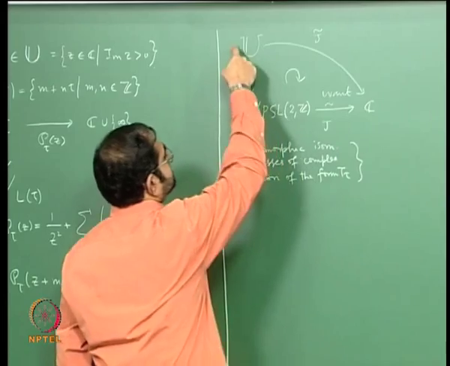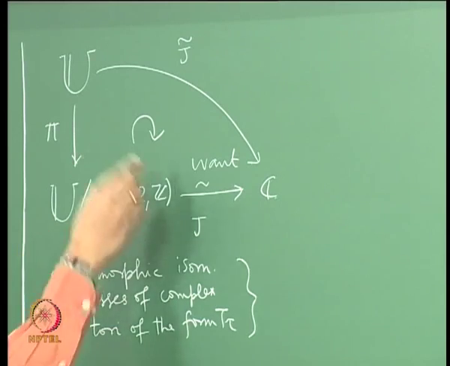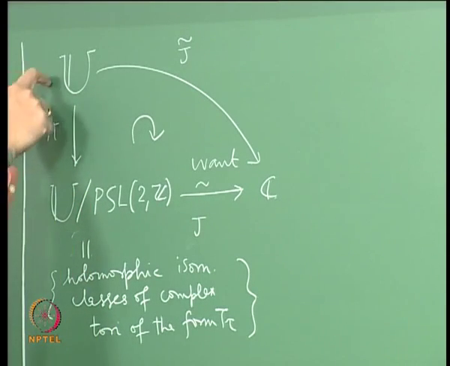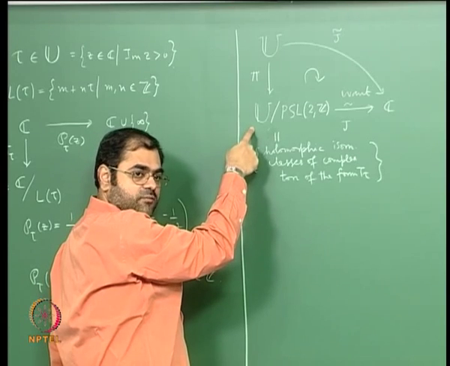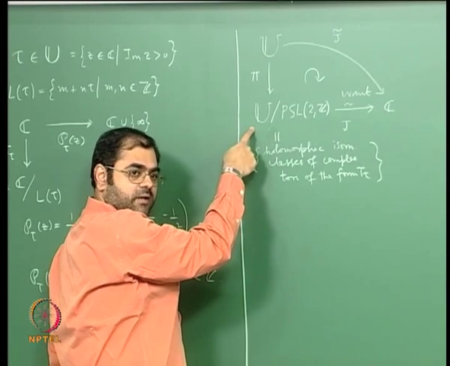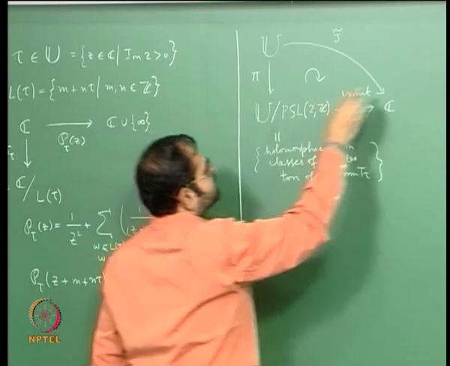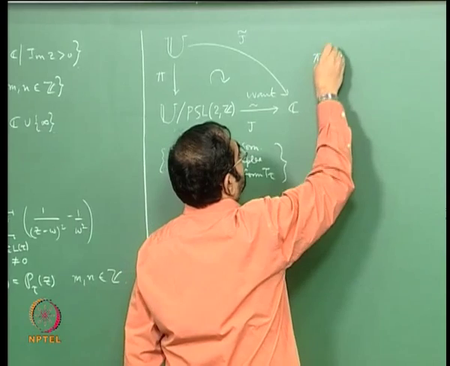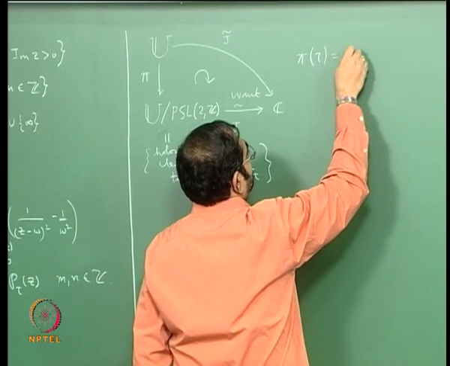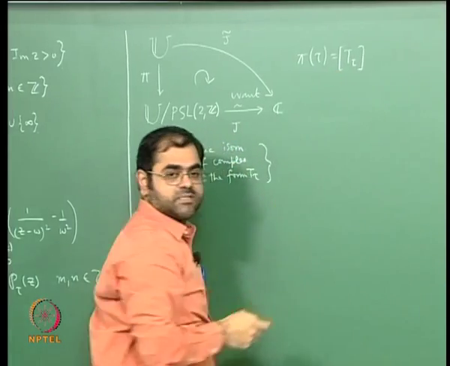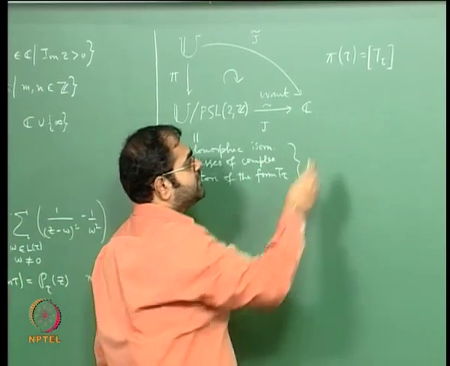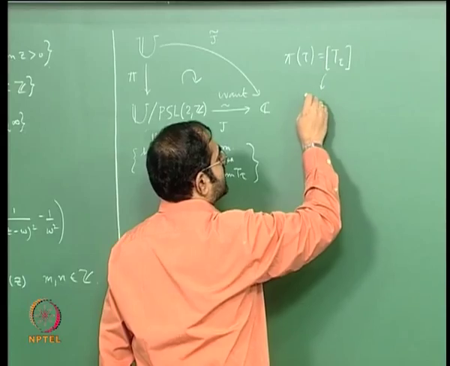And in fact, this map is none other than the one that sends tau in the upper half plane to the holomorphic isomorphism class of the torus defined by tau. So this pi, pi of tau, is just the class of T tau; I put the square bracket to say that this is a holomorphic isomorphism class.